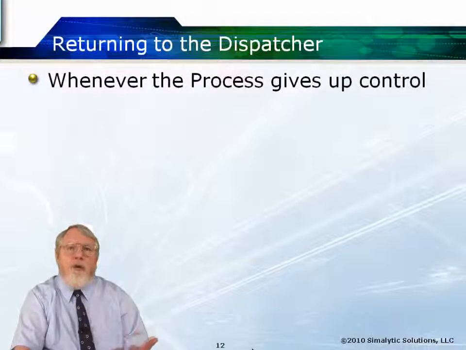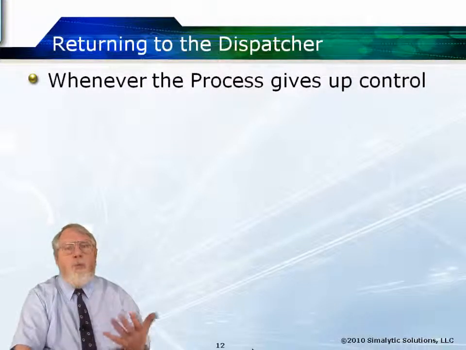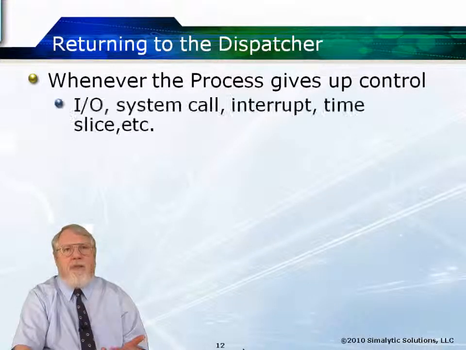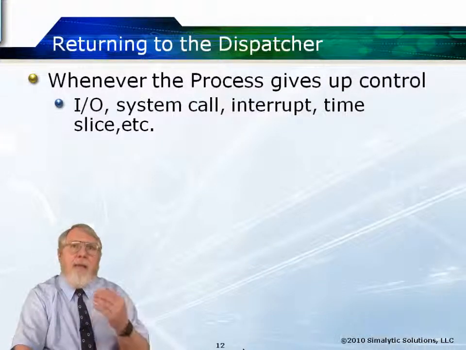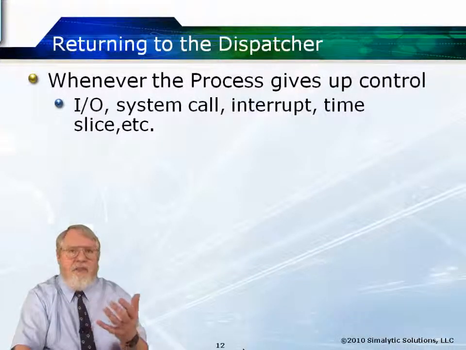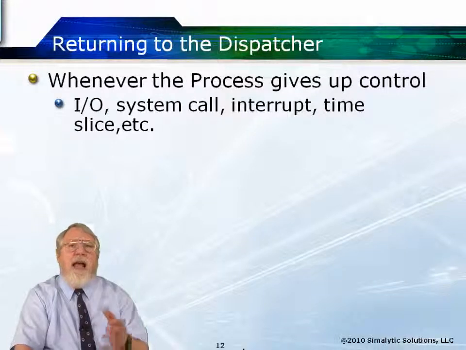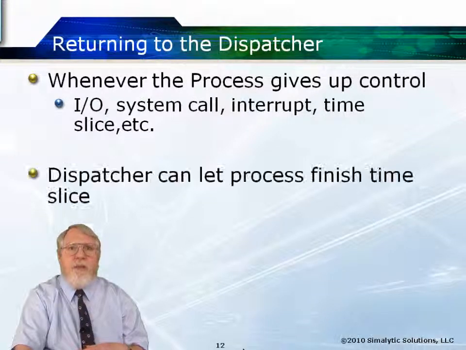Now, when we return to the dispatcher, when the process gives up control, what happens? This can happen because of an I/O, a system call, an interrupt, the time slice is over, any number of things. But now the process is giving up the processor, and the dispatcher has to do something about it.